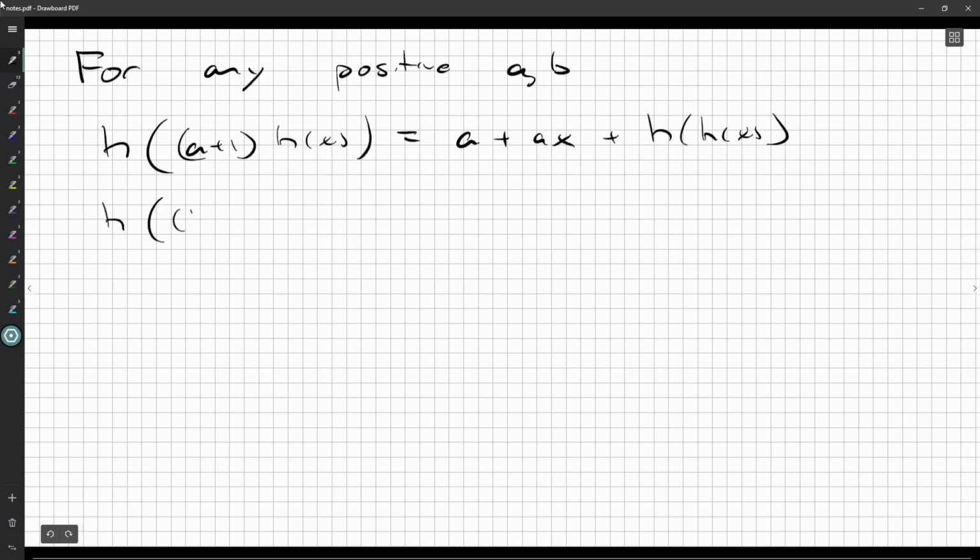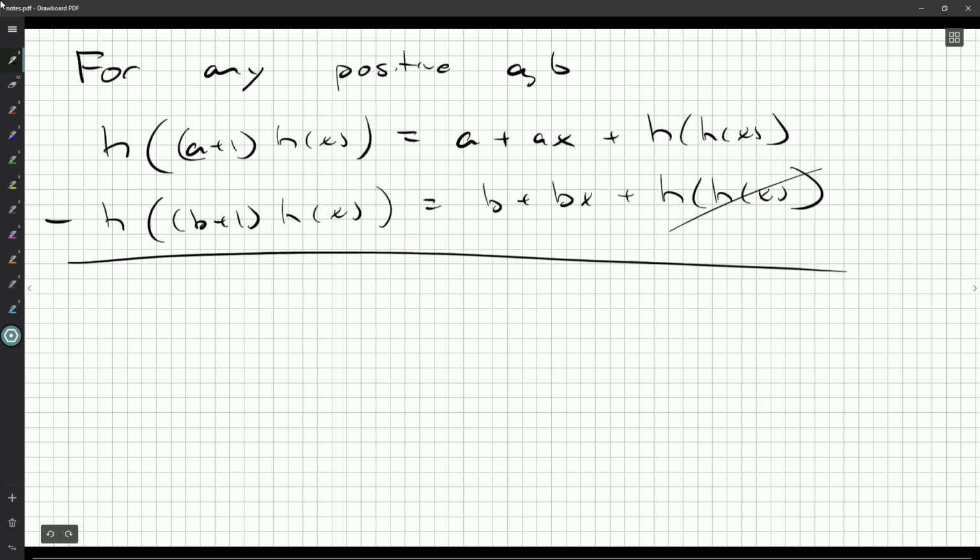And then we've got a lot of similarity here. I don't know what h of x is, but maybe I could subtract these and cancel it out. And so the difference in those two is going to be a minus b plus a minus bx.